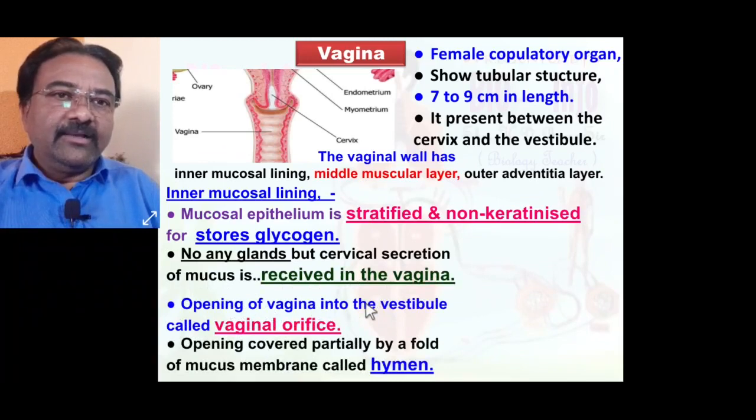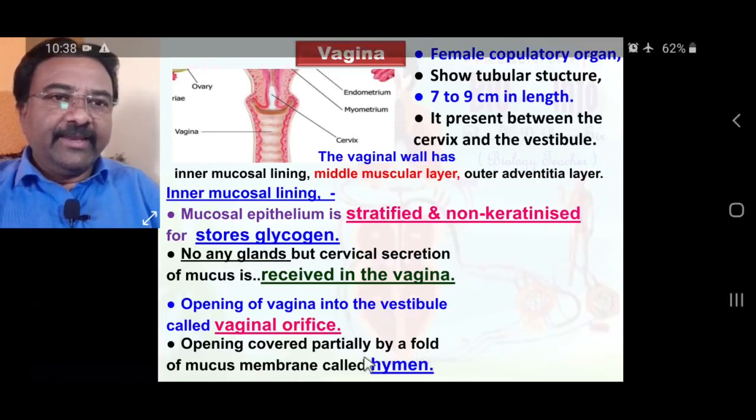The opening of the vagina into the vestibule is called the vaginal orifice. The opening is covered partially by a fold of mucous membrane called the hymen.